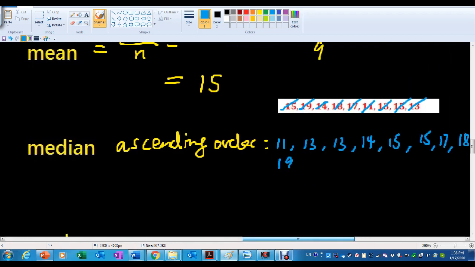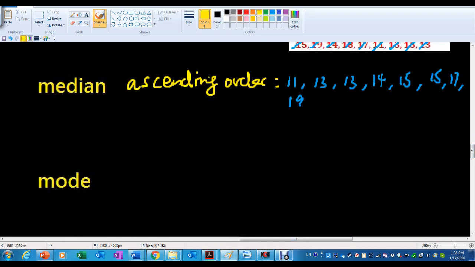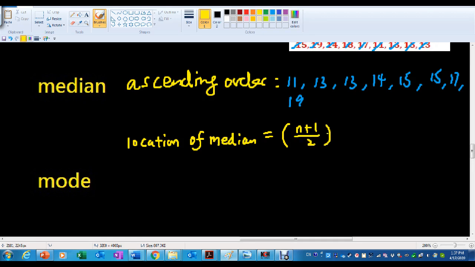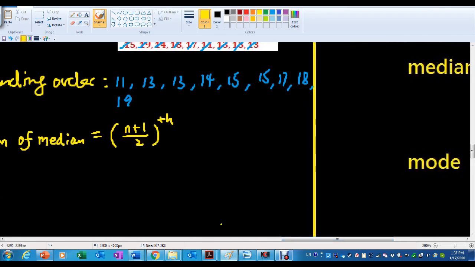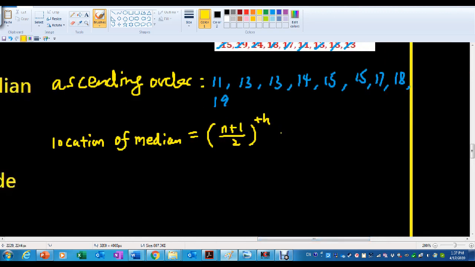So what is the middle? Since there are 9 data, let's find the location. The location of the median is n plus 1 divided by 2, so it should be 9 plus 1 divided by 2, so 10 divided by 2, the 5th data.